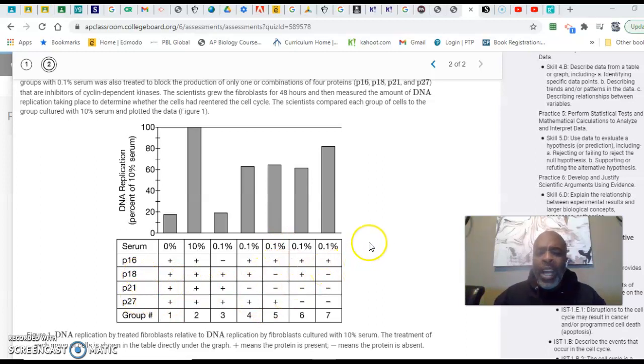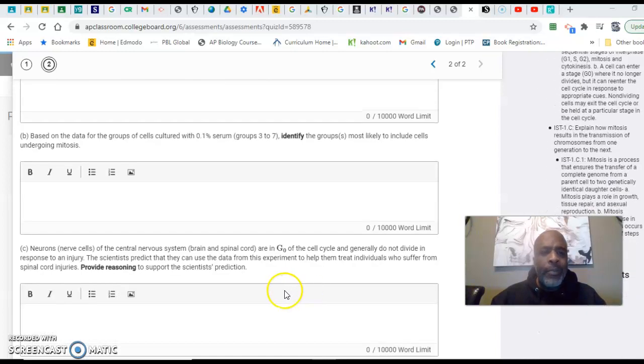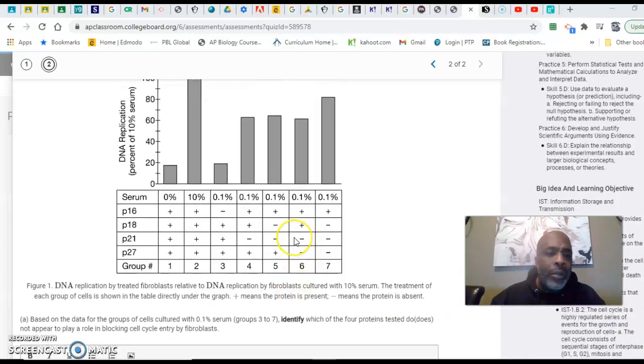So what if we could reintroduce these proteins, or get rid of these proteins and force the cell back into the DNA replication cycle, right?